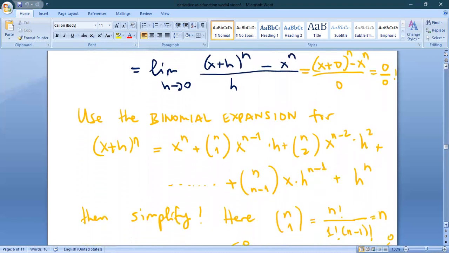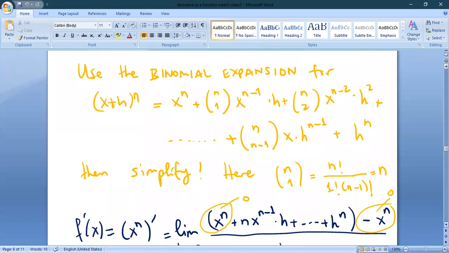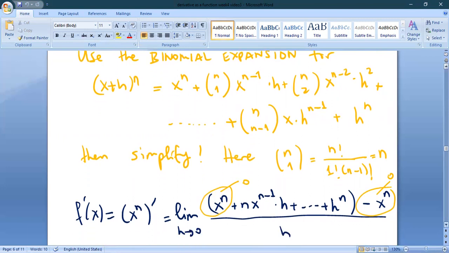So if we do the binomial expansion for x plus h to the n, we are gonna have this expression on the right, which is the binomial expression, which is very standard. And here n choose 1 is a combination, which is n factorial over 1 factorial times n minus 1 factorial. So that's equal to n.